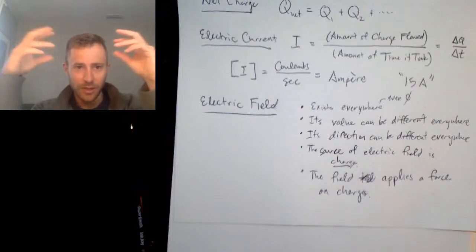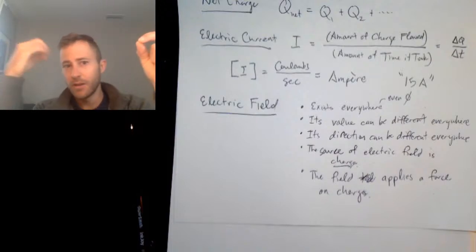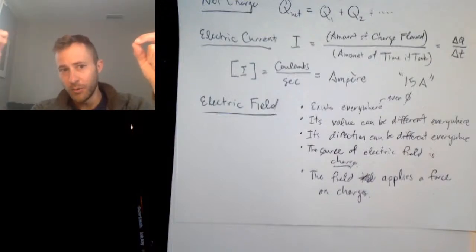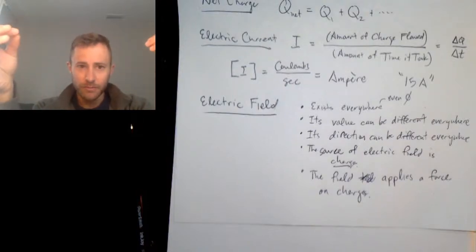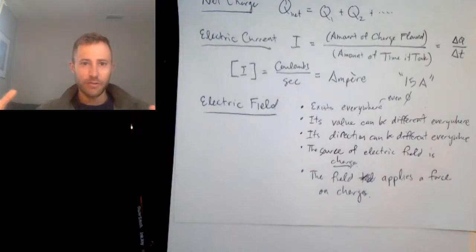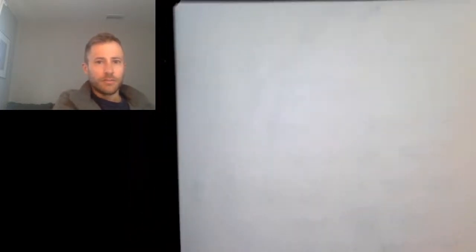One charge creates the field, the other one experiences it and then moves in response. Every charge is feeling the electric field from all the other charges and moving in response, but every charge is also creating its own electric field that's moving other charges. So it's symmetrical.